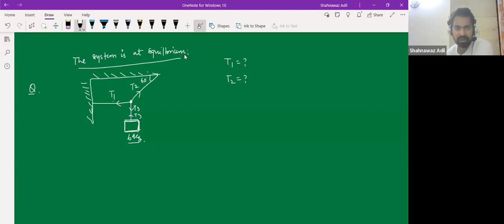Remember how many points we have to calculate the equilibrium condition, and what components we have to simplify.